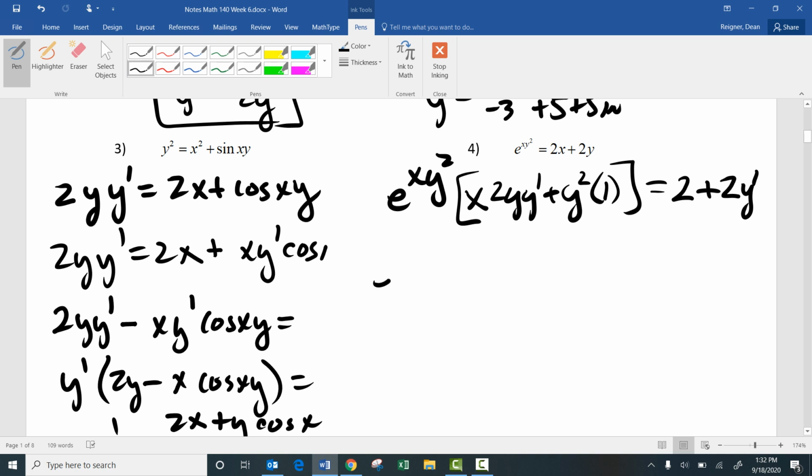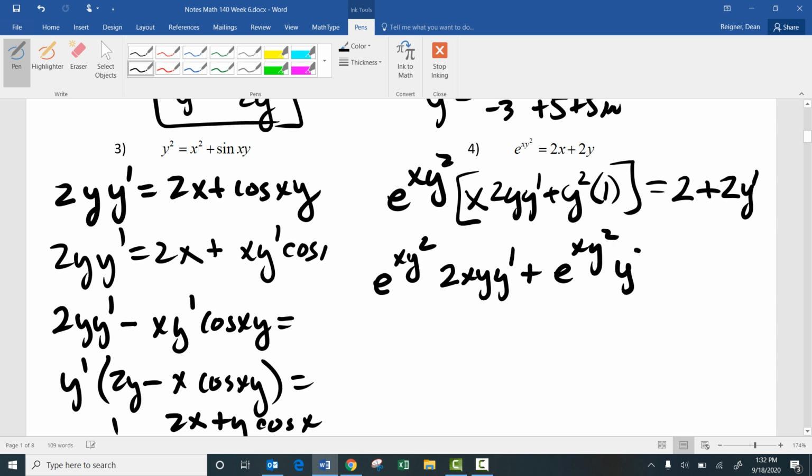So now, same thing. The last one, we multiplied everything through. It really doesn't matter the order, so I'll just rearrange it a little bit to make it look a little nicer. So this one is 2xy y prime, and then you have to multiply this through.